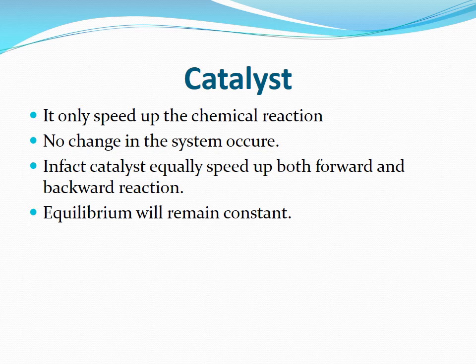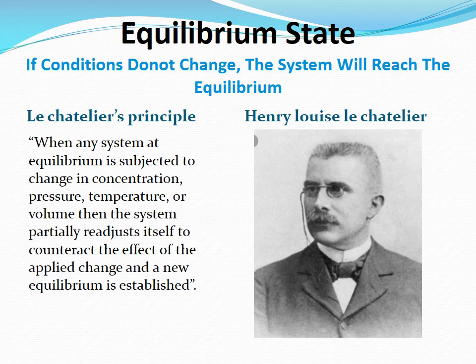So by providing the catalyst, equilibrium will remain constant. Equilibrium state: if conditions do not change, the system will reach the equilibrium. It means that if we do not disturb all of the above conditions which we discussed, the system will automatically reach the equilibrium.